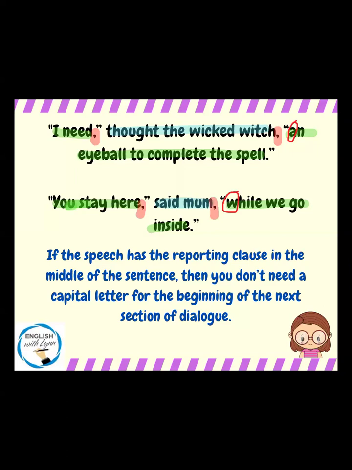And one tip for spotting if it is a complete sentence that has been interrupted by the reporting clause is to look to see if one of the bits of dialogue is a subordinate clause, because that will help you to work out if it needs a capital letter or not. Okay, so that's the first rule.